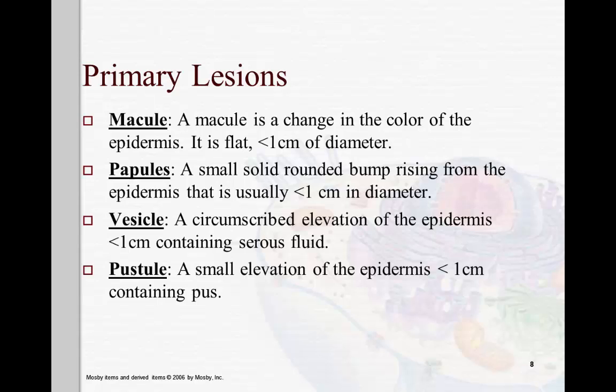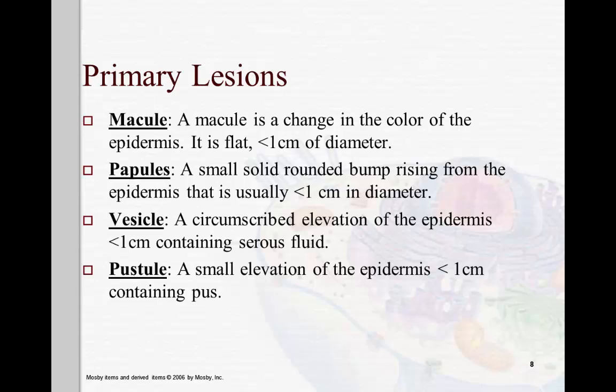Papule, on the contrary, has the same diameter, but it is raised. So it is a small, solid, rounded bump rising from the epidermis. If you look at the skin at a 15 to 30 degree angle, you're able to see that this lesion rises from the epidermis surface.